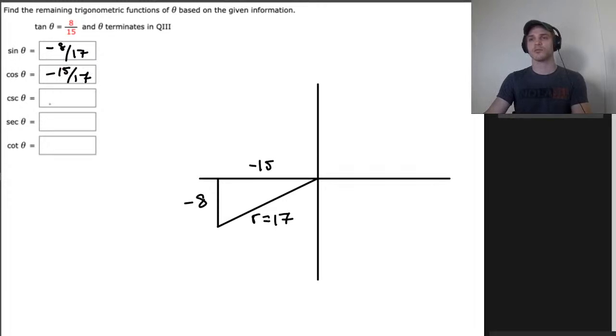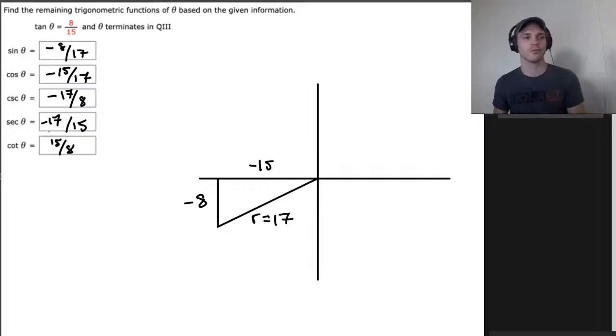Cosecant is the reciprocal of the sine, so it's negative 17 over 8. Secant is the reciprocal of the cosine, so it's negative 17 over 15. And cotangent is the x over the y, so the reciprocal of the tangent. So we're actually going to get 15 over 8. So easy peasy.